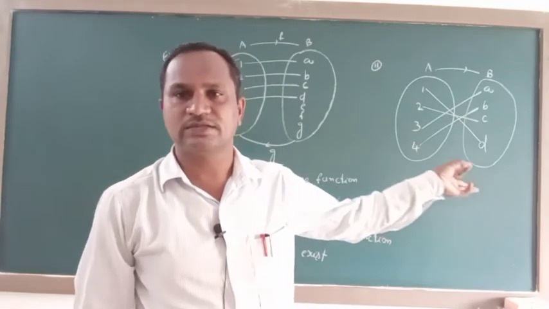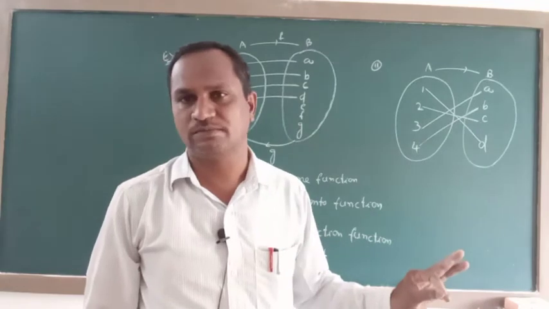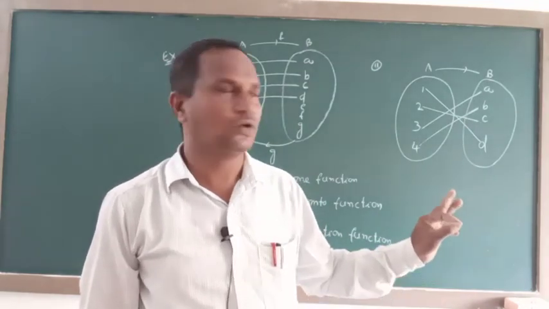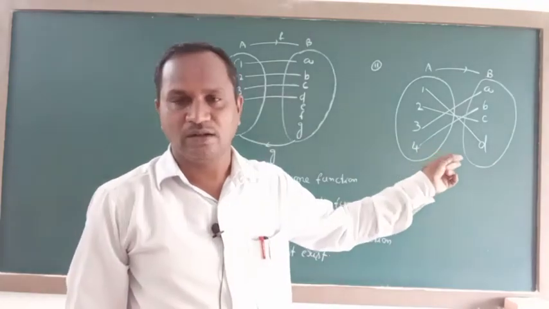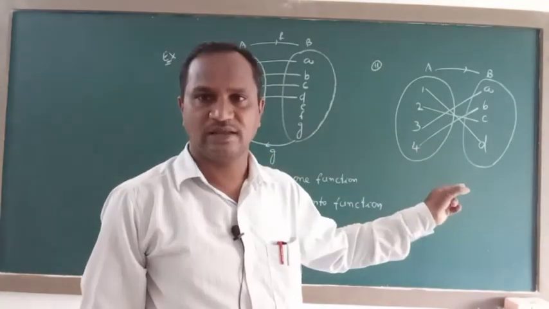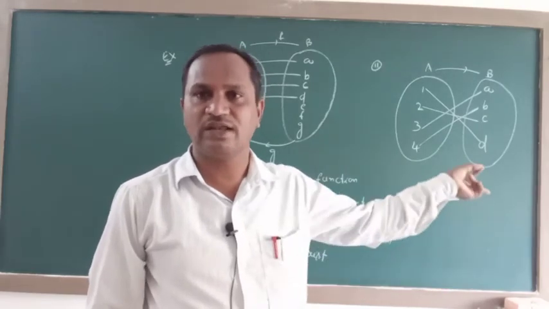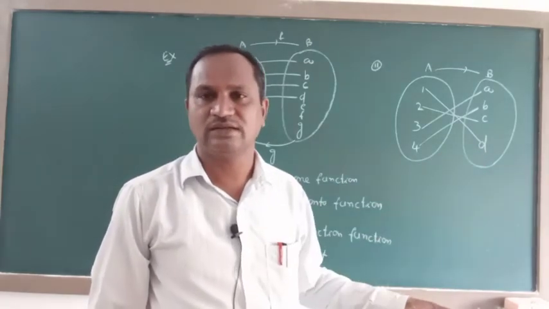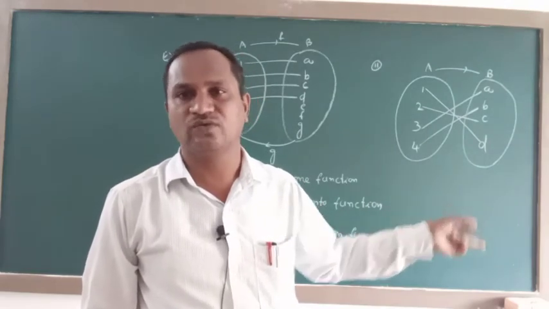To check onto, we check whether codomain is equal to range. In that second example, the codomain is ABCD and the range is ABCD, and these two are equal. That's what we can tell: f is both a 1-1 function and an onto function.